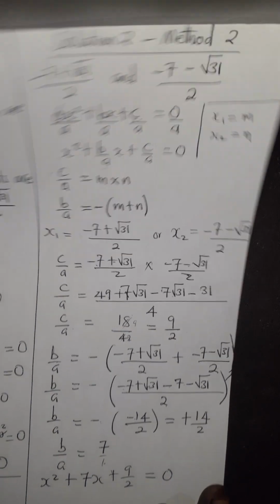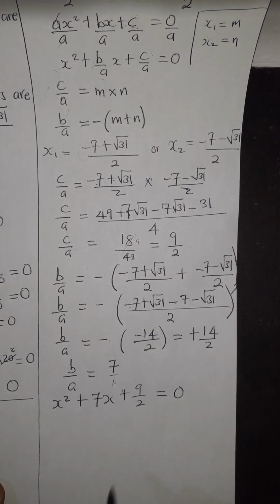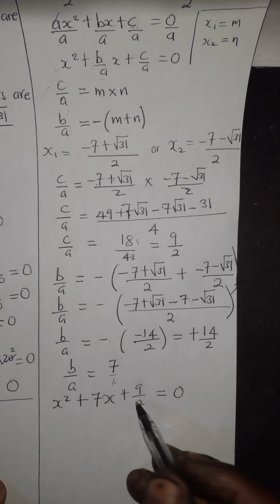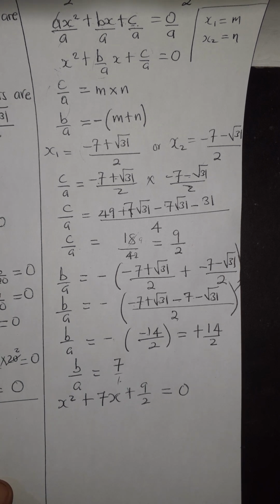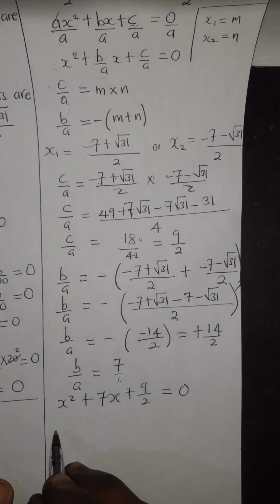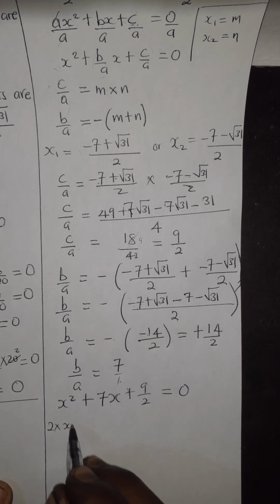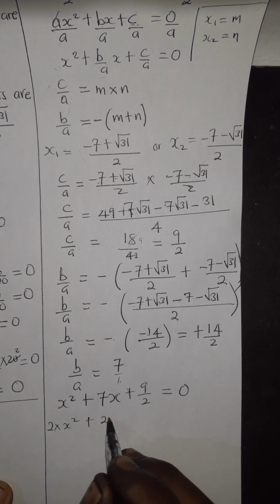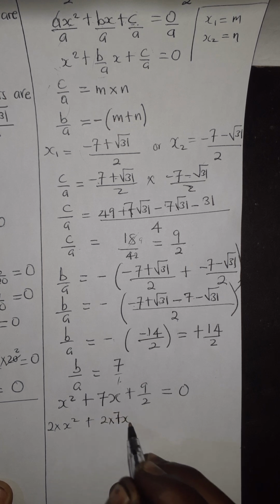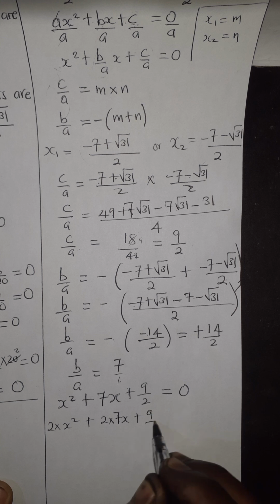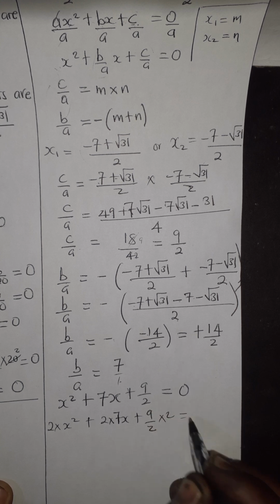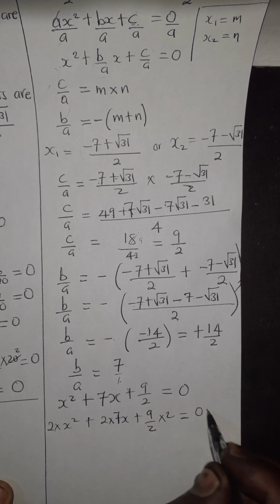Now you can see that this is in the format of a fraction. You can change this to whole numbers by multiplying through by 2. So multiplying by 2 is 2 times x squared plus 2 times 7x plus 9 over 2 times 2, and it is equal to 0 times 2.